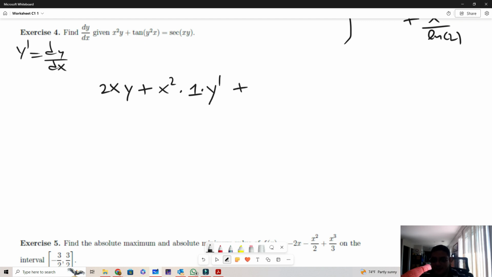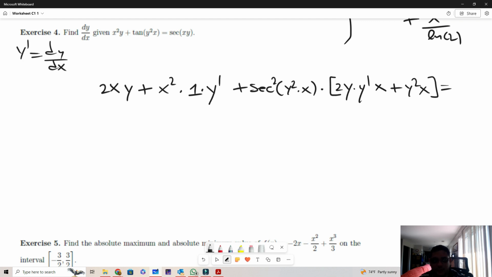Now with tangent, the derivative of tangent is secant squared. So secant squared of y squared times x, but this has a chain rule here, this y squared times x. So the chain rule of this is going to be 2y times y prime, the derivative of y squared, times x plus y squared times 1.